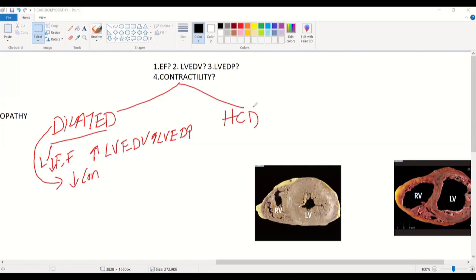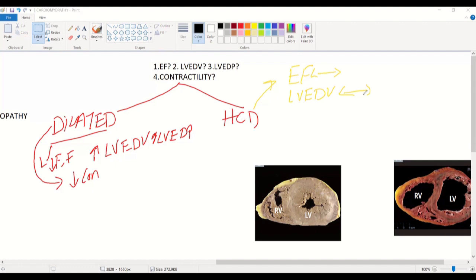Okay. So what about hypertrophic cardiomyopathy? Ejection fraction? Maintained, normal. What about left ventricle end-diastolic volume? Decrease. This is a very confusing question. This is high yield stuff. It may be decreased, but USMLE loves to ask that it remains normal, right?